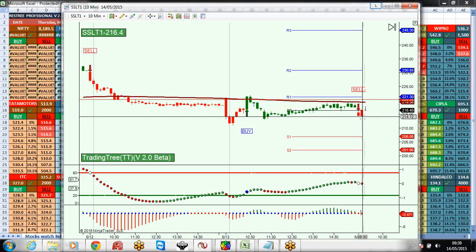This sell call has not triggered. So if you place the prices correctly, your call will either get triggered or it will not. Once it gets triggered, you should start booking your profits.